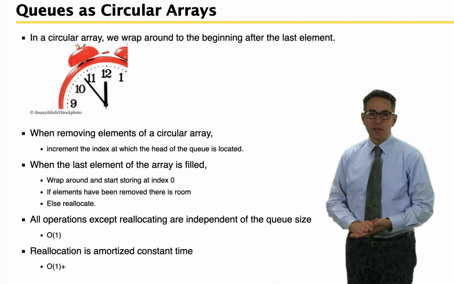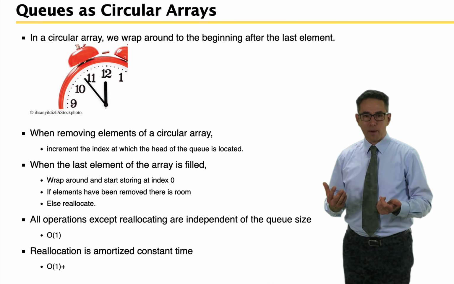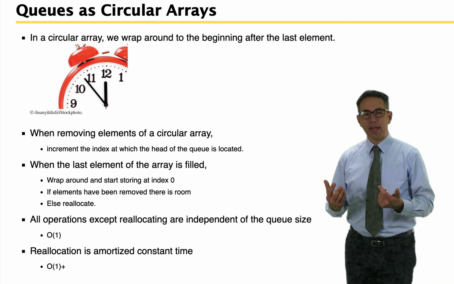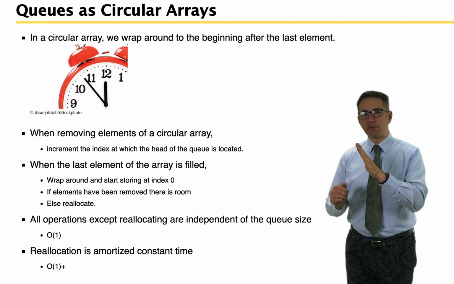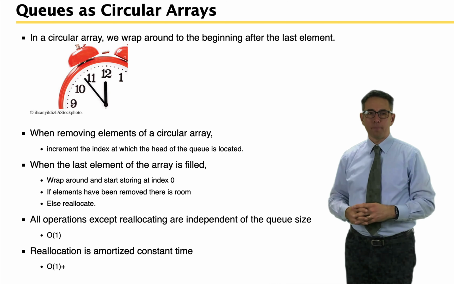It'll grow and it'll shrink, but these two, head and tail, will be the bounds of our array as we move through it. So when we choose to remove an element of our circular array, we're going to increment the index at which the head of the queue is located, meaning we're going to bump up and take one element off our queue, causing the distance between the head and the tail to shrink by 1.